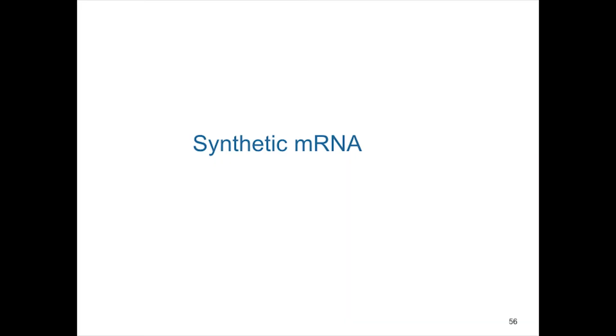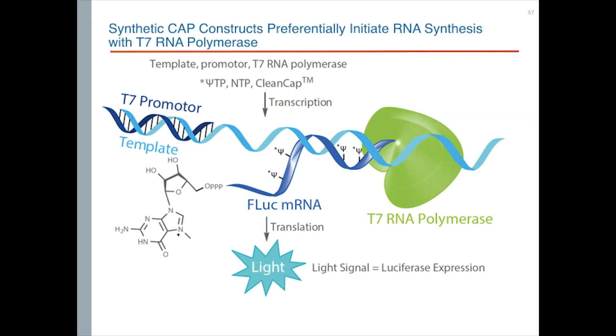So now, the final story. New story. This is synthetic RNA. As I think everybody in the audience probably knows, RNA as the template for making protein has a 5' cap and has a poly A tail.